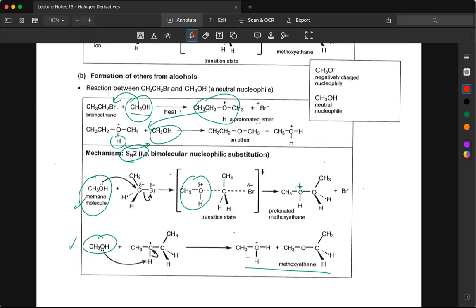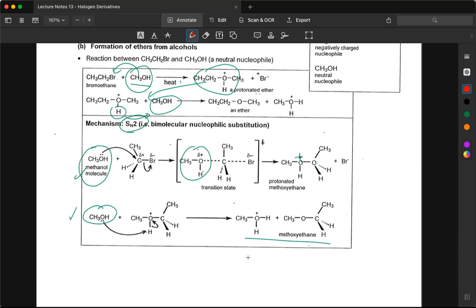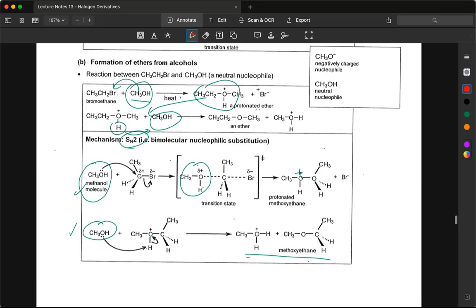Just take a look at this before we progress to the next section.